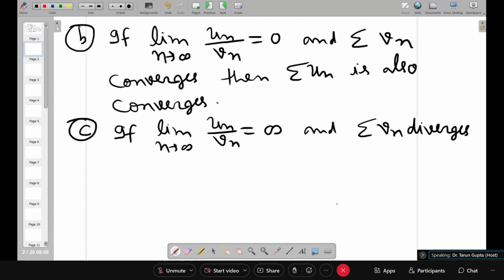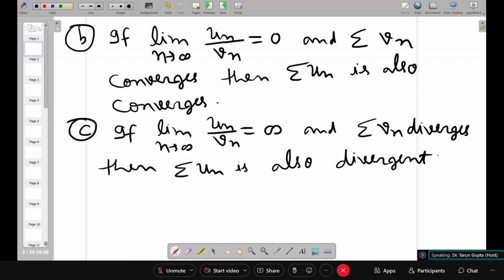Diverges means summation vn is a divergent series. Then summation un is also divergent. Okay, this is limit comparison test.